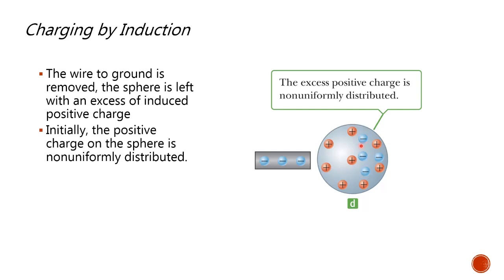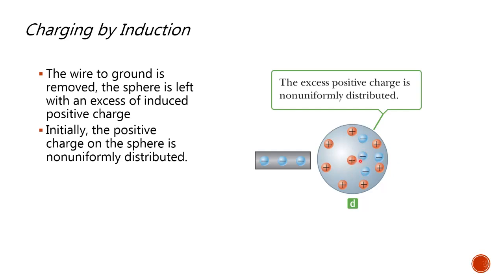If you again connect the sphere to a grounded conducting wire, instead of making the sphere negatively charged as in the conduction process, the sphere now has excess positive charge.